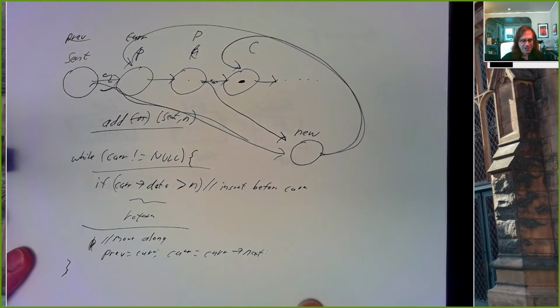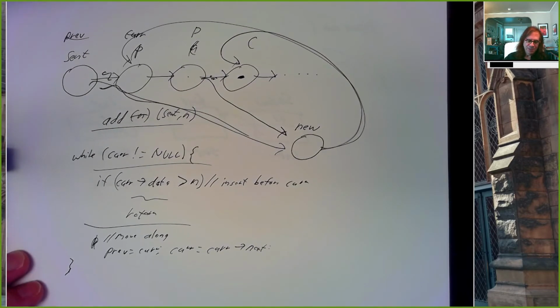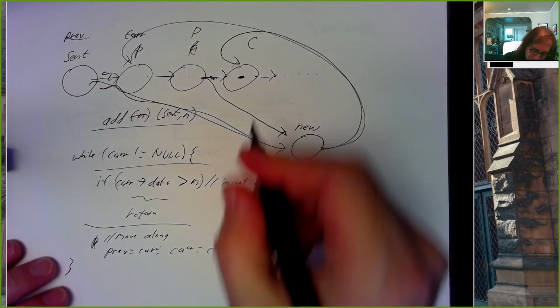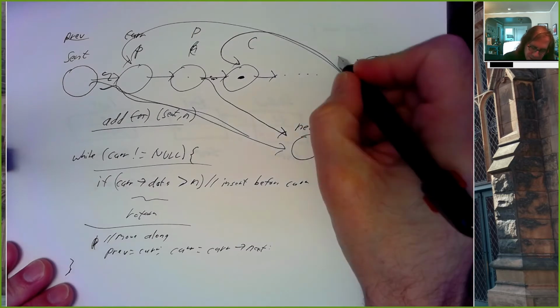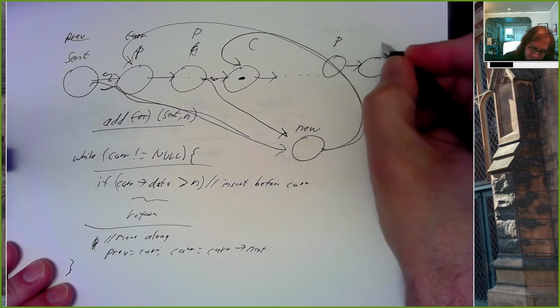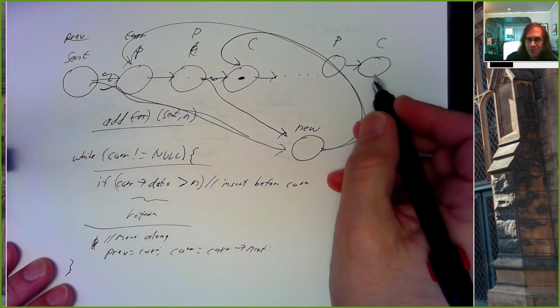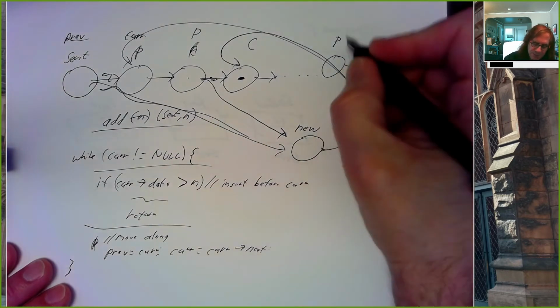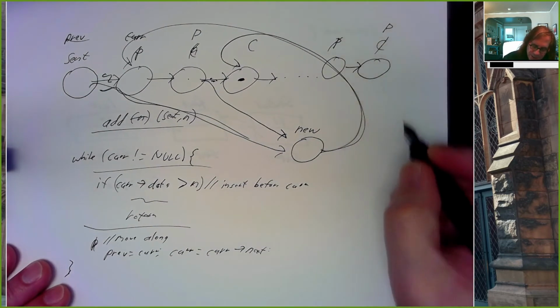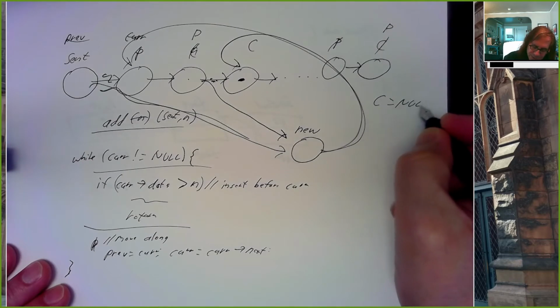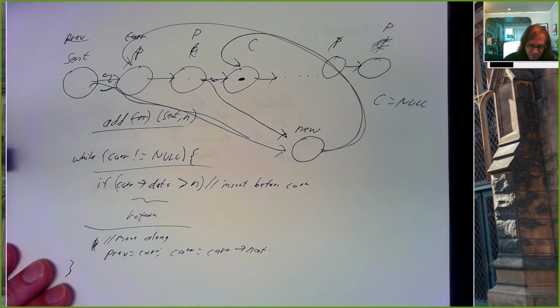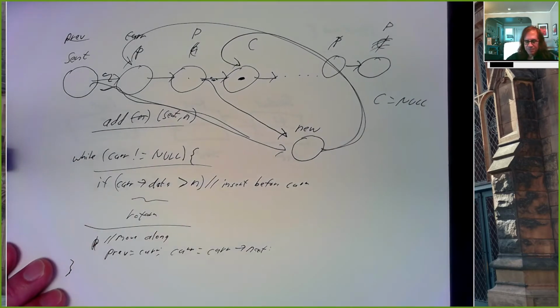And then if you fall out of the loop, what does that mean? It means you got to a case where this was the last node. This would be previous, this would be current. We didn't want to insert before that last node, so we moved our pointers, and now current is null. And that kicked us out of the loop.